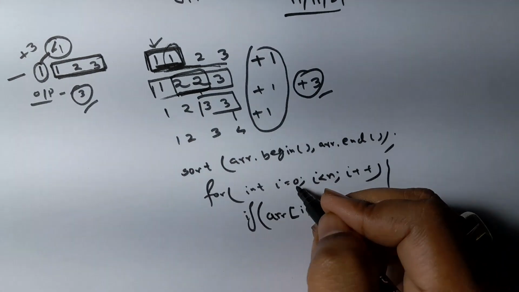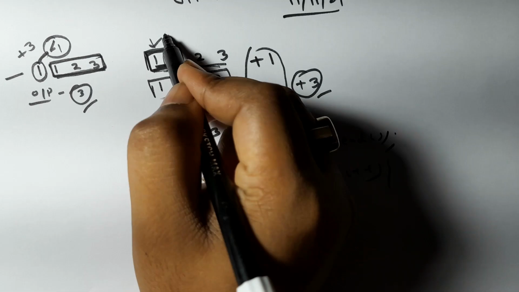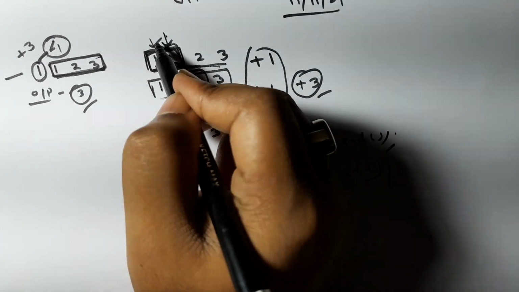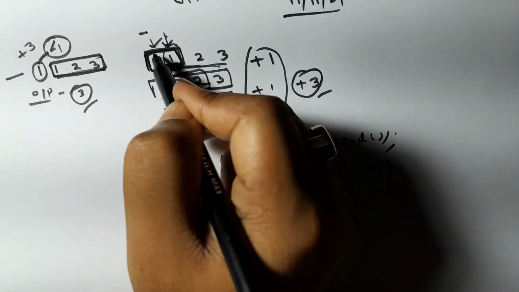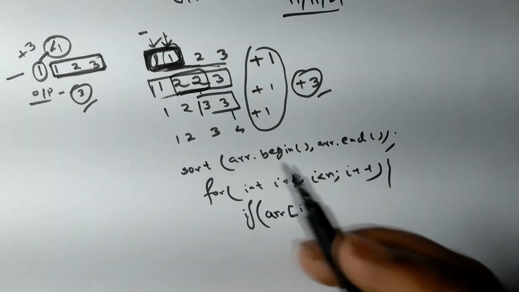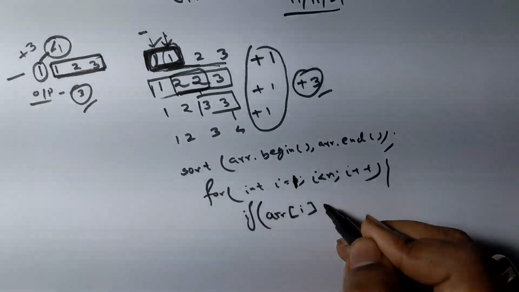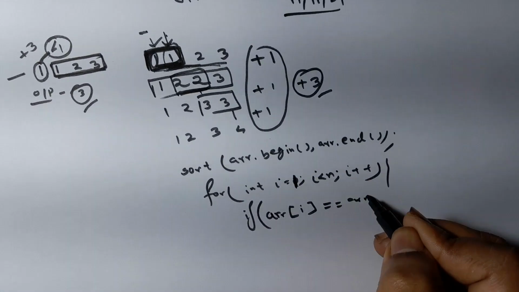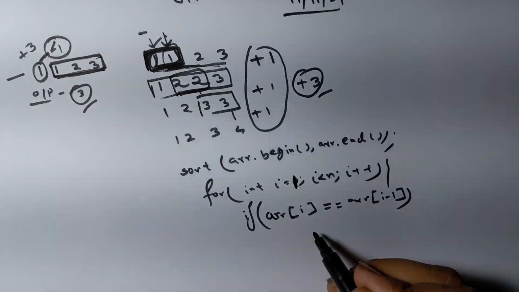I can iterate from 1, because I am checking pairs, so I can iterate from 1 and by minus 1 I can get the previous element and get the pair. So if array of I is equal to array of I minus 1, then I will simply increment that element.